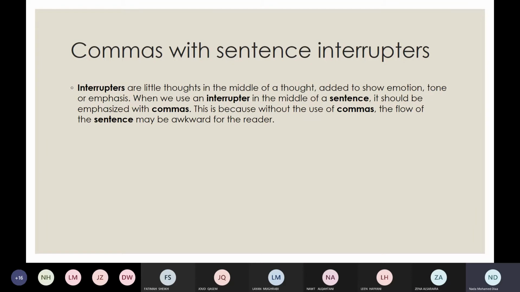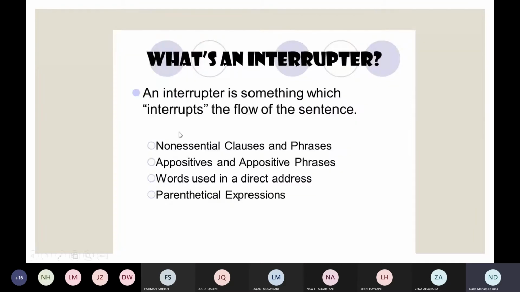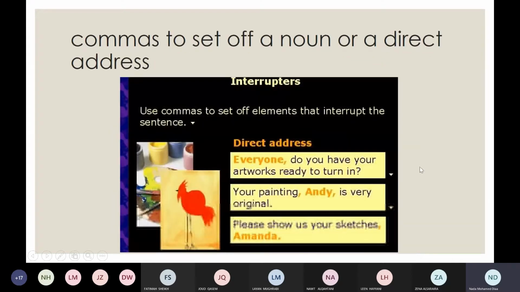So here we have non-essential clauses, non-essential phrases, appositive phrases, words used in direct address, which I will explain now, and parenthetical expressions. These are the 4 points we are going to take now. So let's start with number 1, when words are used in a direct address.